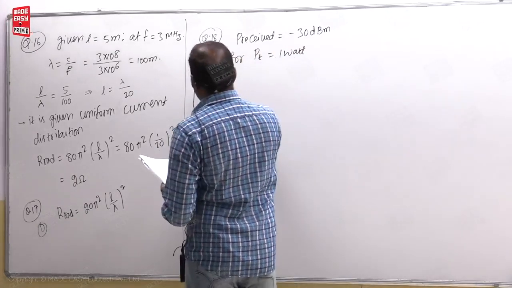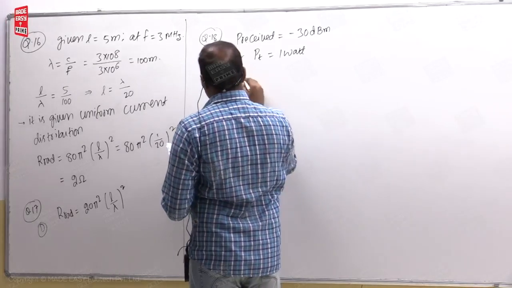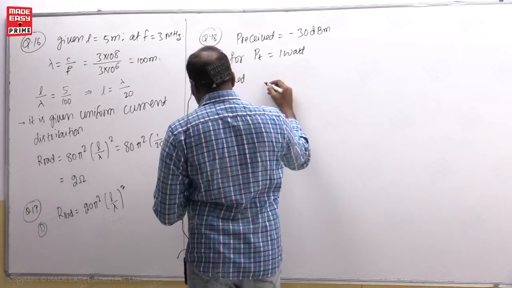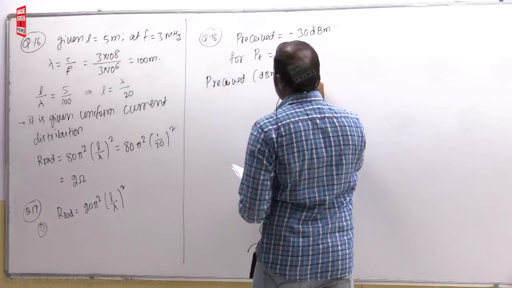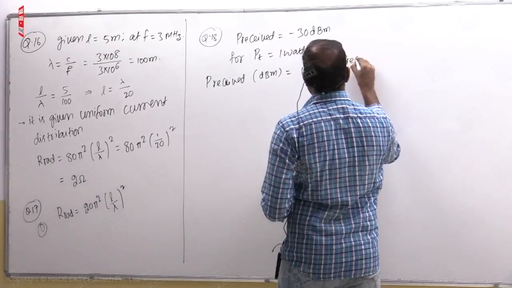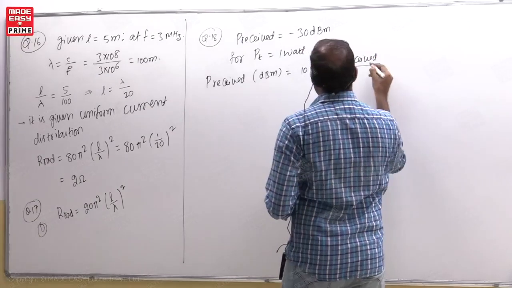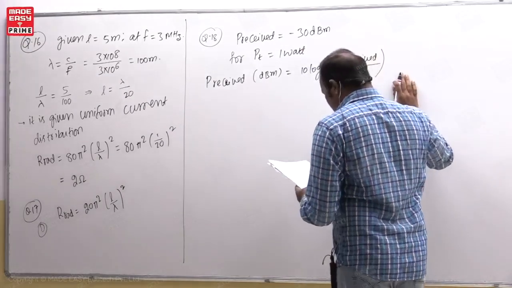First of all I will do this calculation. Power received in dBm, the definition is 10 log 10 of power received divided by 1 milliwatt. So that is the definition.